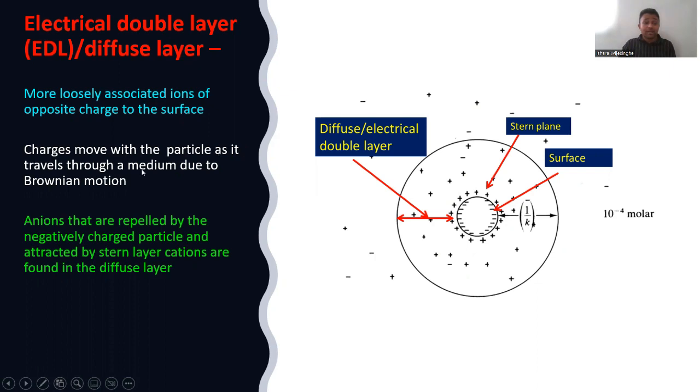Charges move with the particles as they travel through the medium due to Brownian motion. When the rubber particle moves, these charges also move with it.